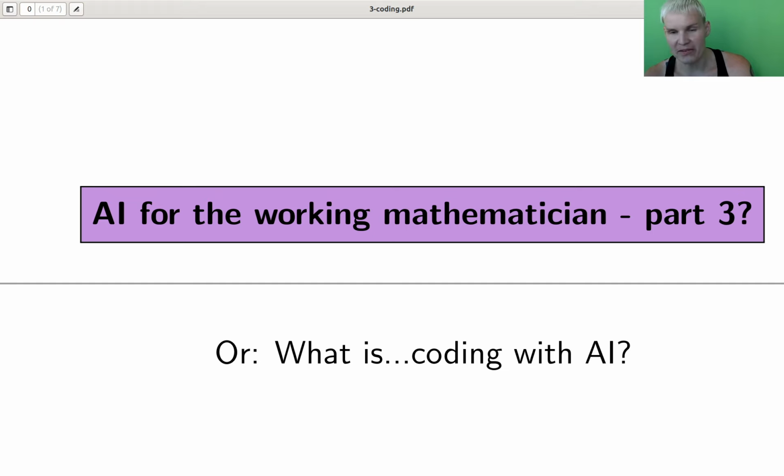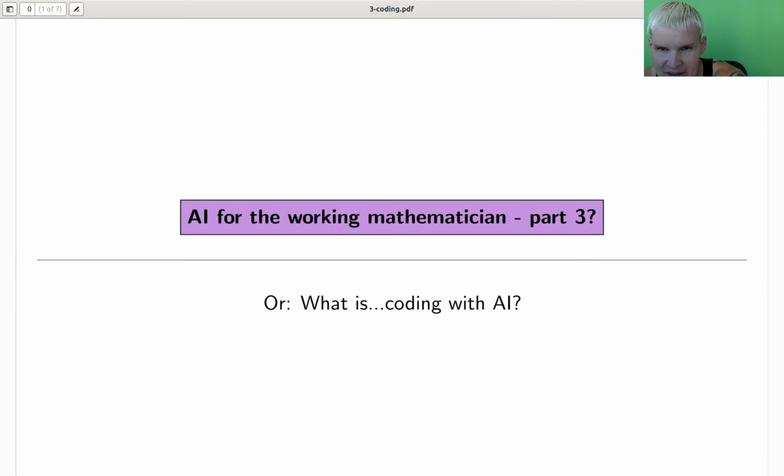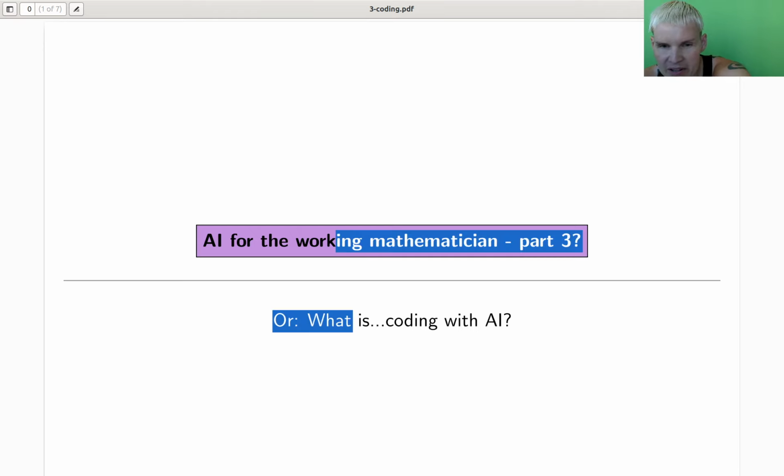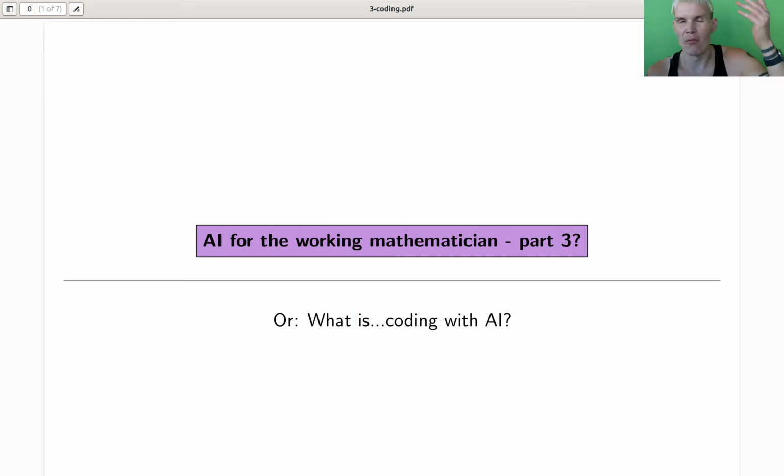Something that works very similarly, and that I was going to discuss today, is coding. Why can it code so well? Because it has read a lot of examples of coding, and there are a lot of online resources on how to code. The more prominent a programming language is, the better it is with it.